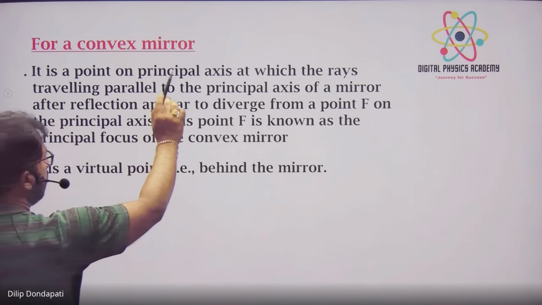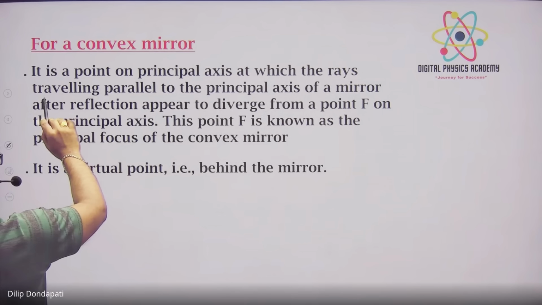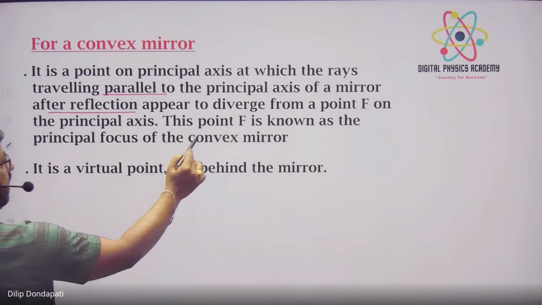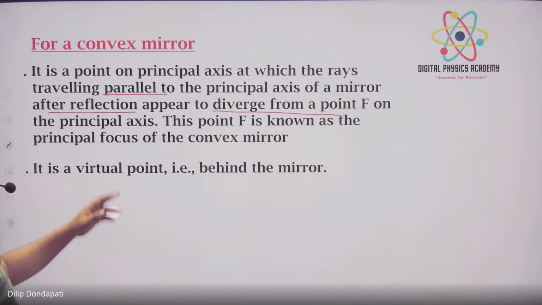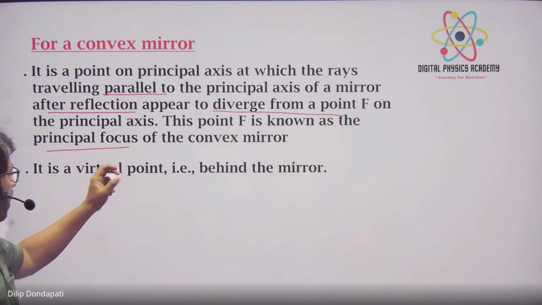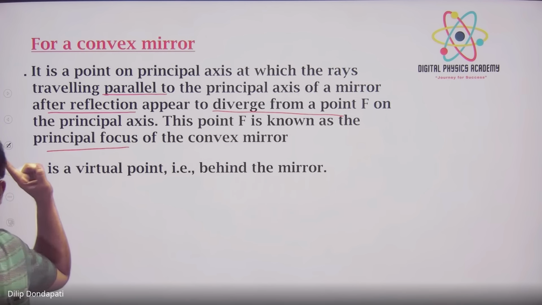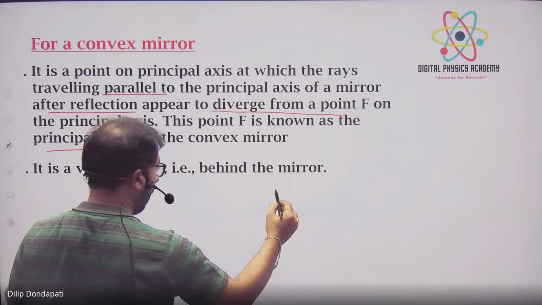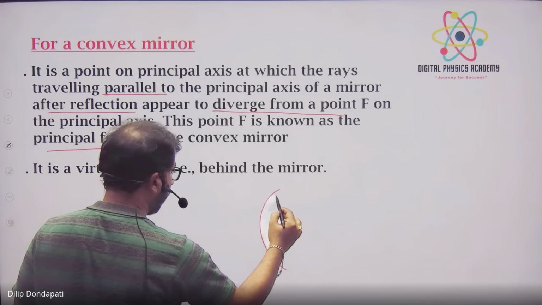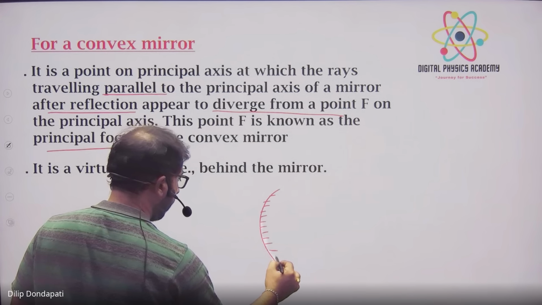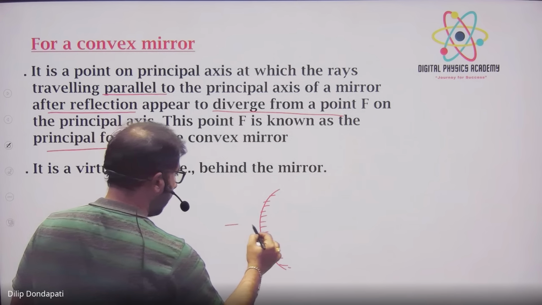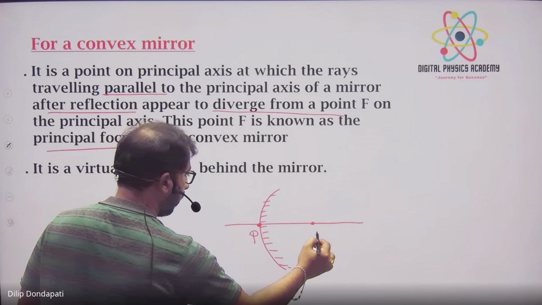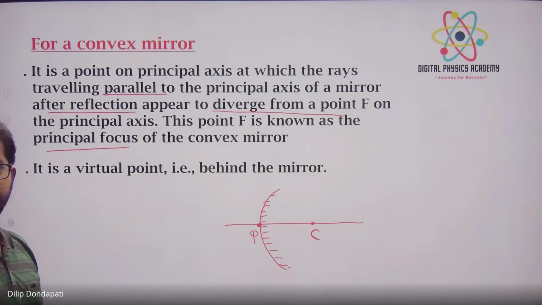It is a point on the principal axis at which rays traveling parallel to the principal axis, parallelly I'm inserting, after reflection diverge from a point F, and that point is called principal focus and is a virtual point. That one is a real point, this is a virtual point. Okay, so we will draw its diagram. So convex mirror, principal axis, pole, center of curvature. Okay, copy down, I'll draw.